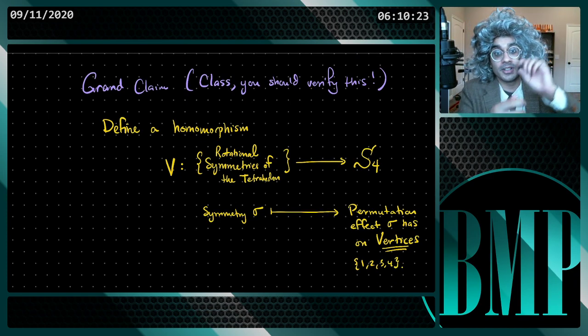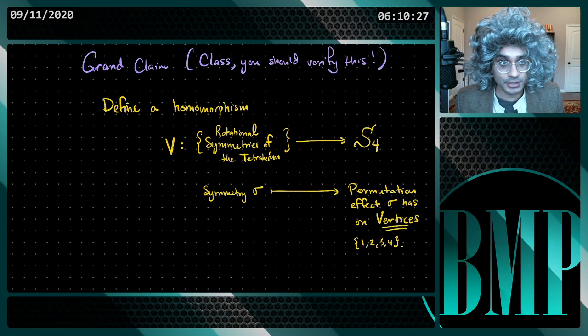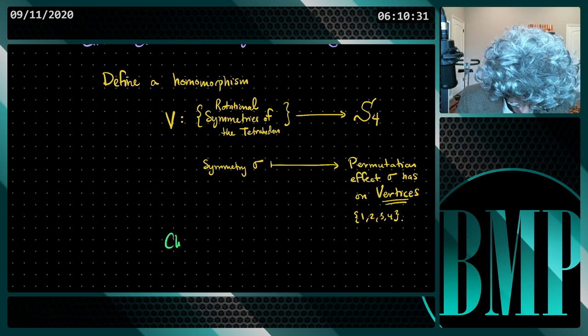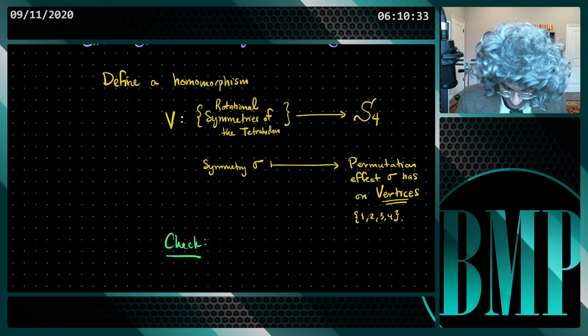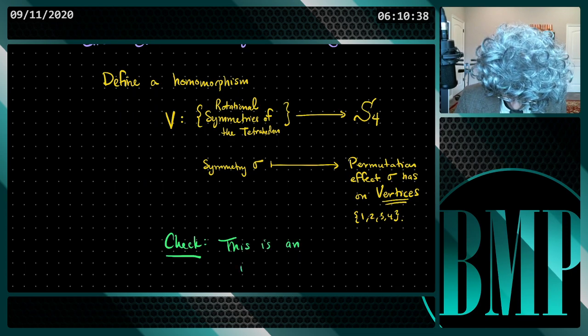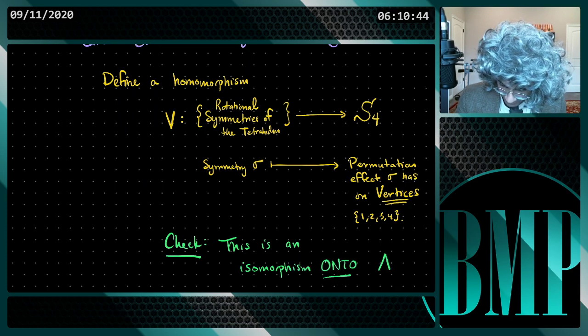Every symmetry will permute the vertices. That's the output element in S4. Define this homomorphism and then check that this homomorphism is onto A4.